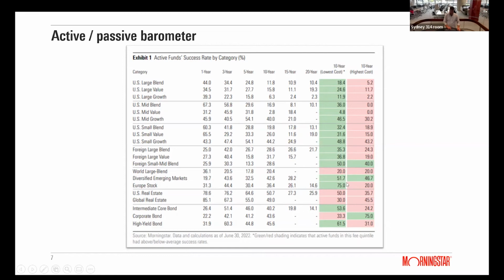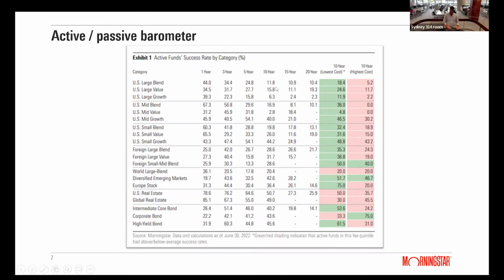And then we see a couple areas where passive or active does do pretty well. Some of the fixed interest categories, and those are indexes that are not very representative of the opportunity set, the total amount of bonds you can go out there and buy, we start seeing those numbers tick higher.